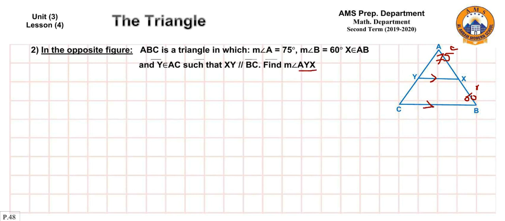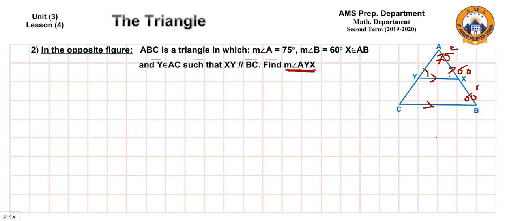He asks you to find the measure of angle AYX. How can we find this? We have to find this angle first. This angle equals 60. Why? Because it's corresponding to this angle.